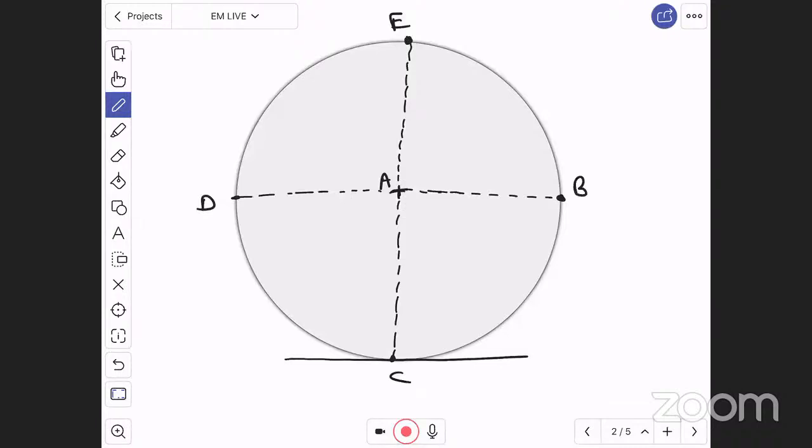Now we have seen that velocity of C is 0, therefore C is the instant center, which is also called IC.